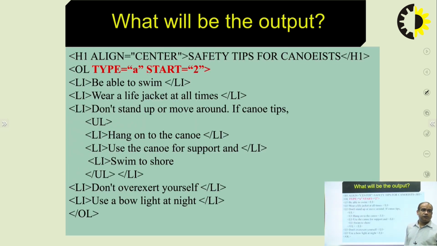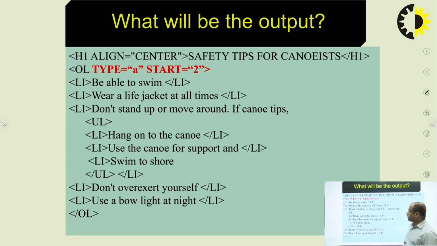Next, here is what will be the output of this question. We are taking the first heading tag H1, align equal to center, and Safety Tips for Canoeing. That is the way to represent items in a list. So we are taking that example. We start with OL type equal to A and start with 2. Next, list item: be able to swim. Second list item: wear a jacket at all times.